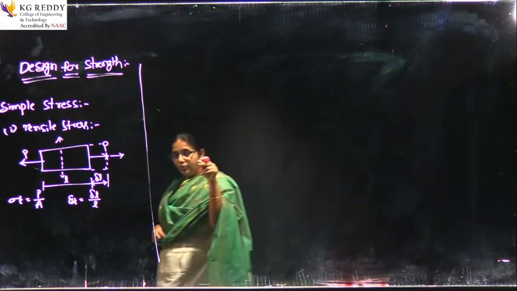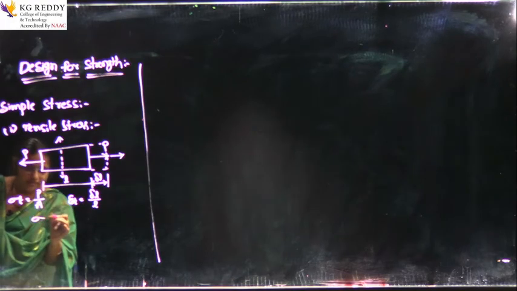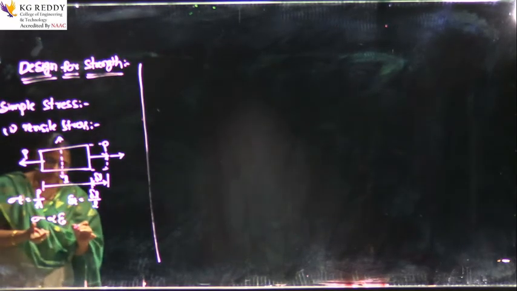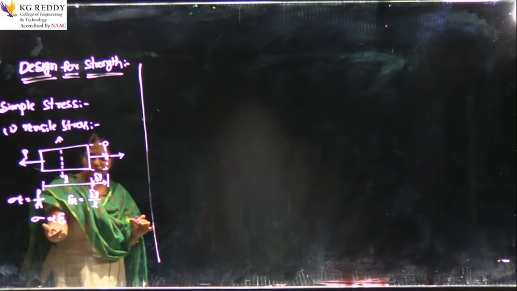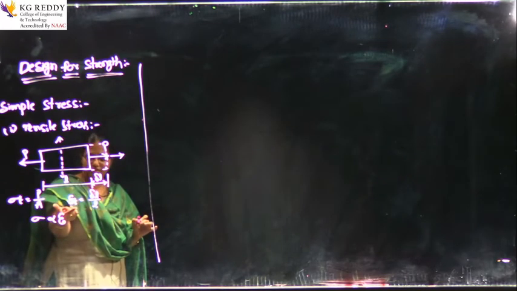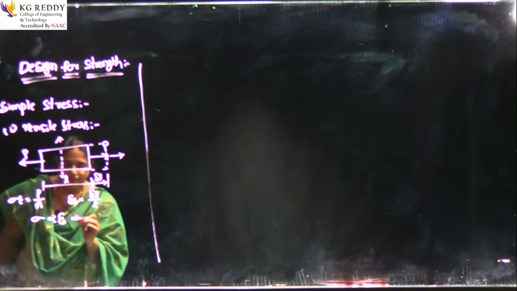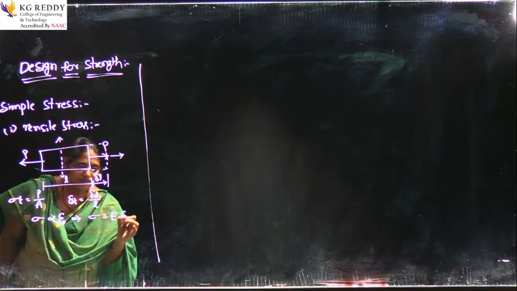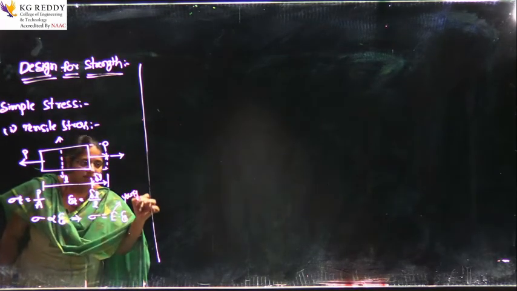Based on the property of elasticity of the material, whenever the stress is directly proportional to the strain, there is a chance to get the modulus of elasticity. So, here we are using the proportionality constant between the stress and strain. If I remove this proportionality constant, immediately I will get sigma equals E into epsilon, where this E is called Young's modulus of elasticity.